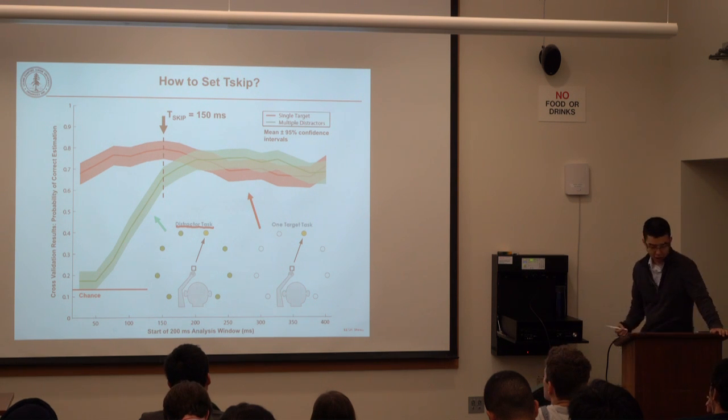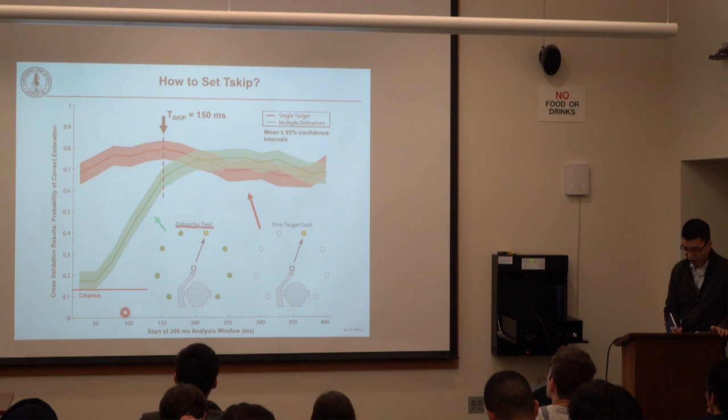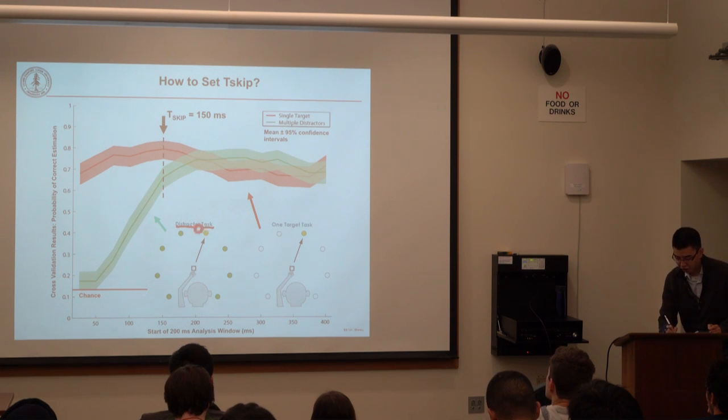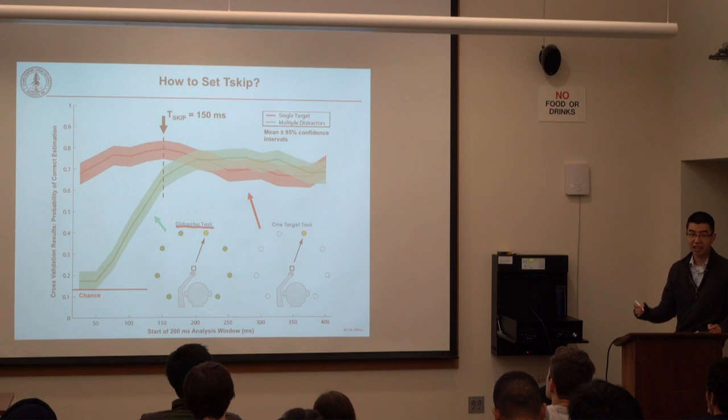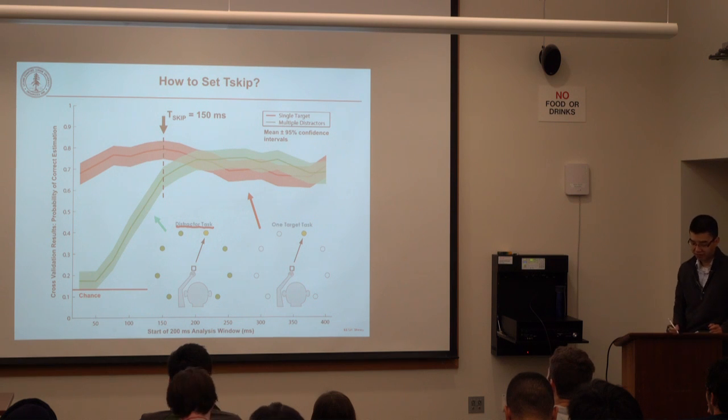If we start counting from time 0, then obviously the information, if our decode is not better than chance, isn't really meaningful information, right? In these first 150 milliseconds, you have information coming in about the distractor targets, and about the target that you want to plan. What you have to do is pick out this target from the distractors and then make a plan to that. Then they made t-skip 50 and saw the performance was still not above chance.